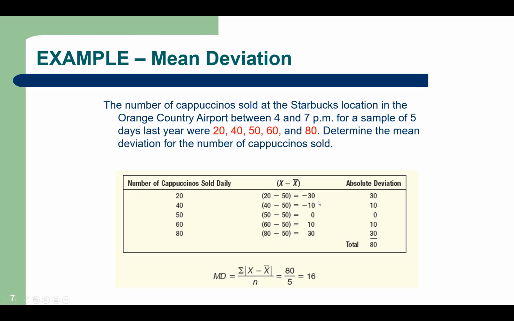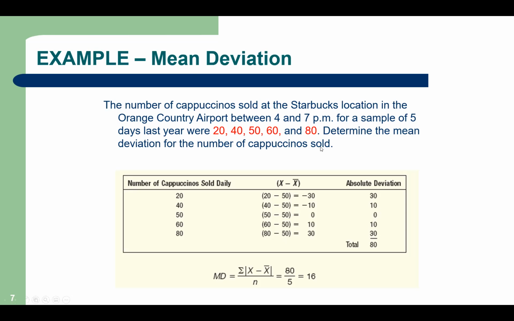So on average, 16 cups of coffee are dispersed from the mean. If the mean is 50, we can say that their sale for each day is 16 cups above or below the mean.